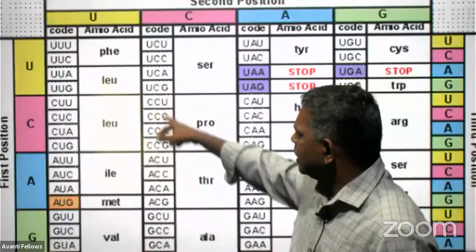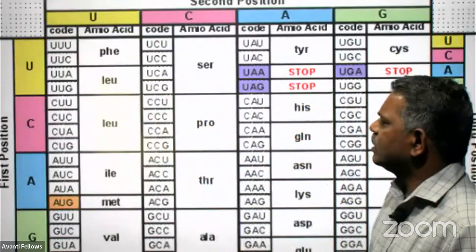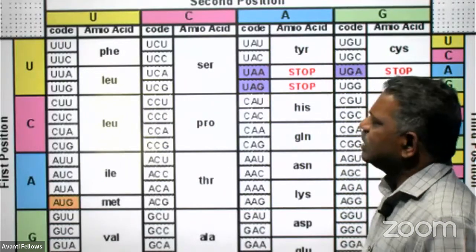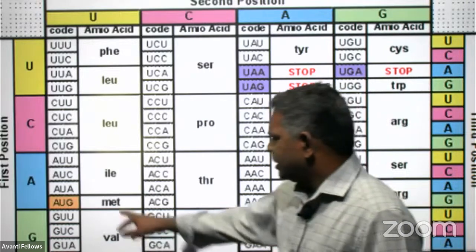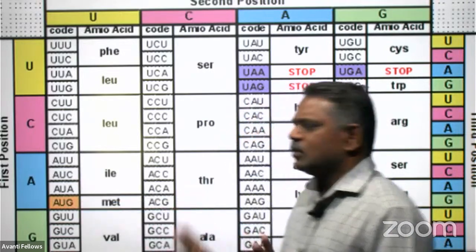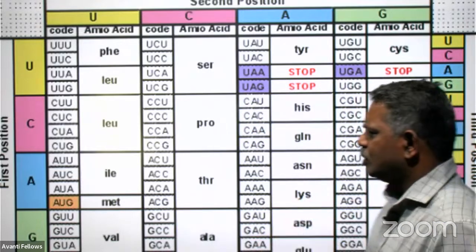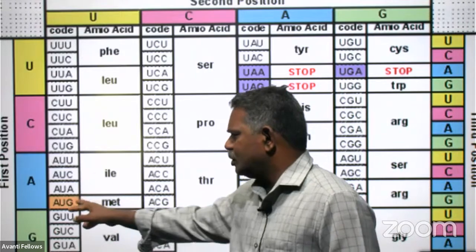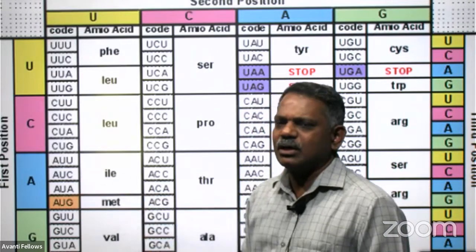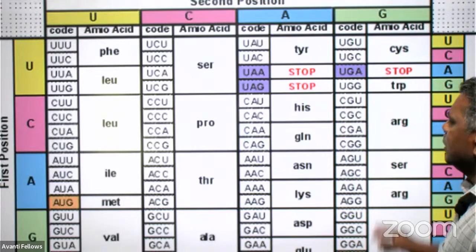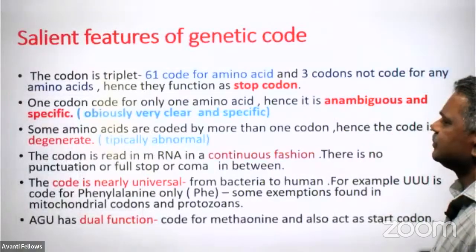Here we can see many triplet codons code for proline, and threonine is coded with this many triplet codons, whereas methionine has only one triplet codon, that is always AUG. I told you in the morning, AUG is for a dual purpose. One is to initiate the process of translation, and another is to code for the amino acid methionine.